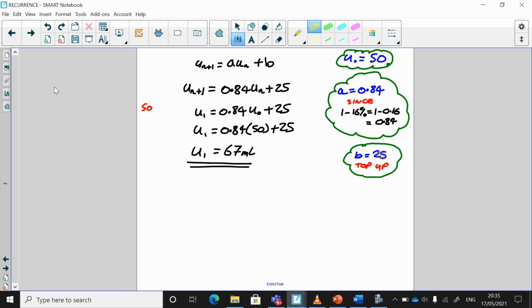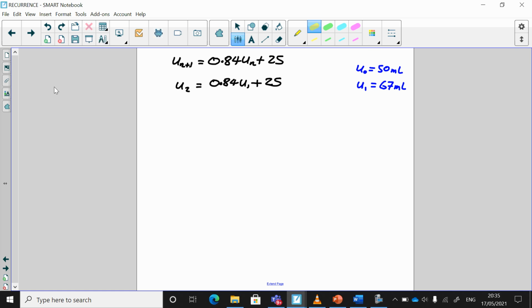Let's go and get U2. Put 67 back into the formula again and come up with an answer. 81.28 milliliters. That's how much medication is in the body at the end of day 2.